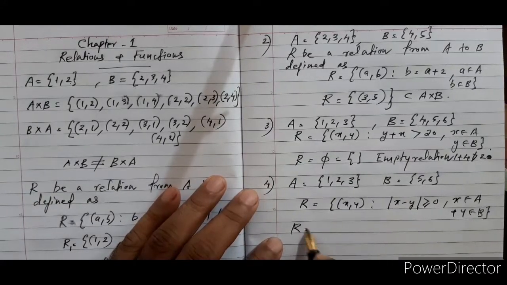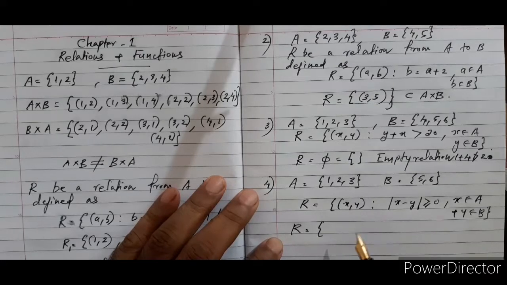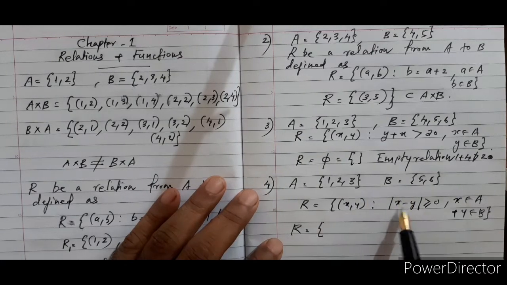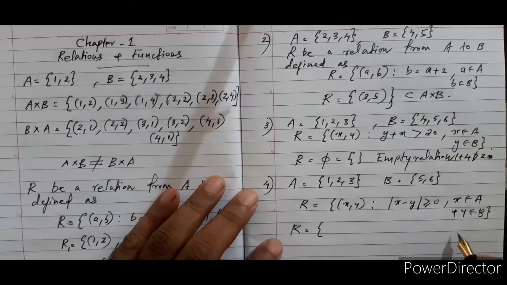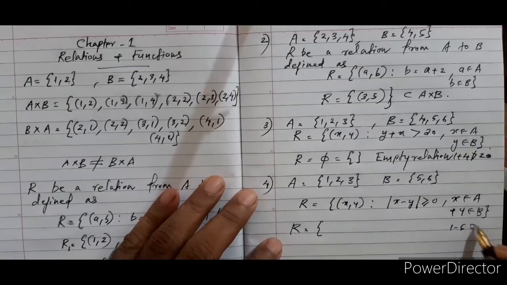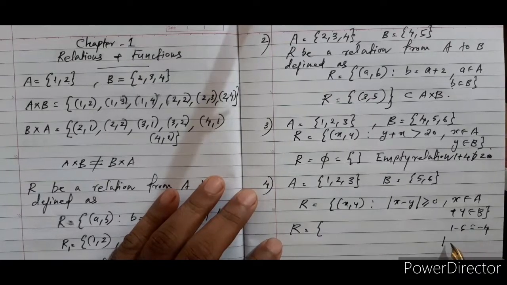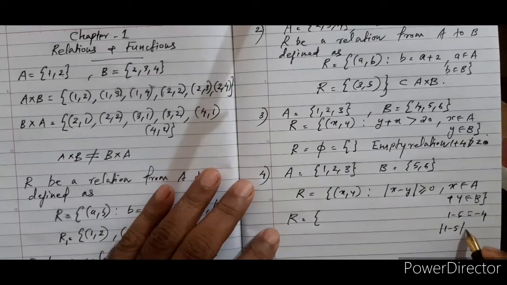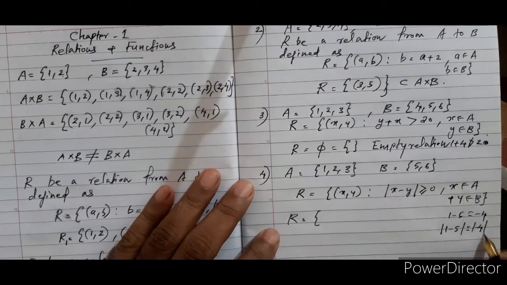So R equal to, so take first element of A, that is 1. Take first element of B, 5. 1 minus 5 is minus 4, but you take modulus of 1 minus 5, that is modulus of minus 4 is equal to 4. 4 is more than 0.